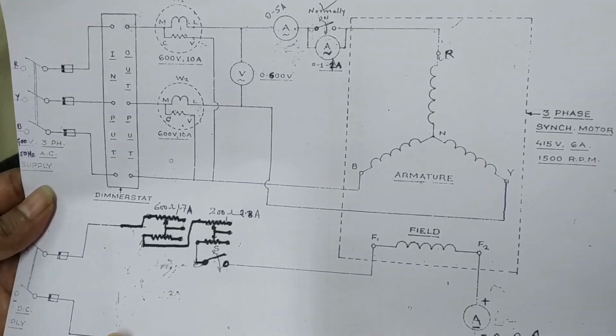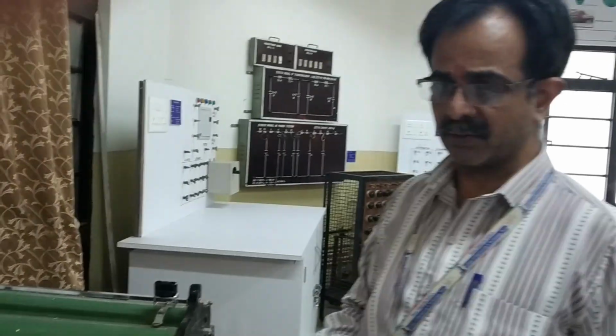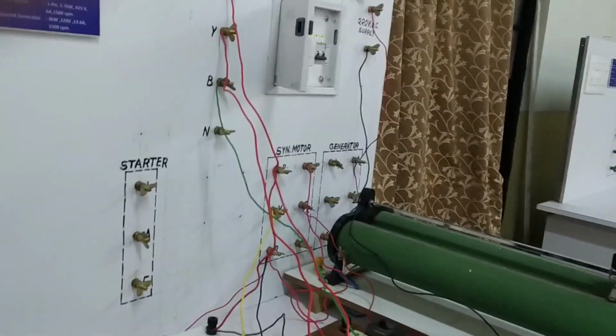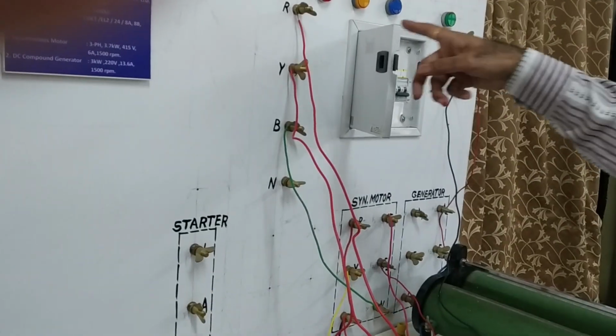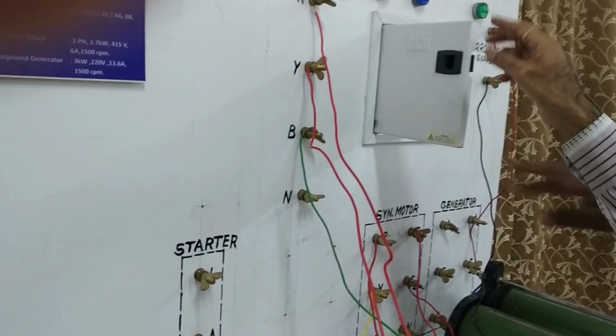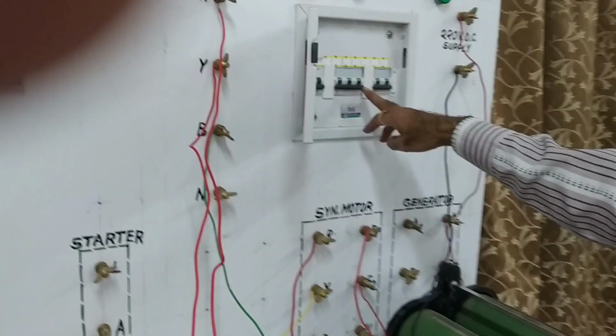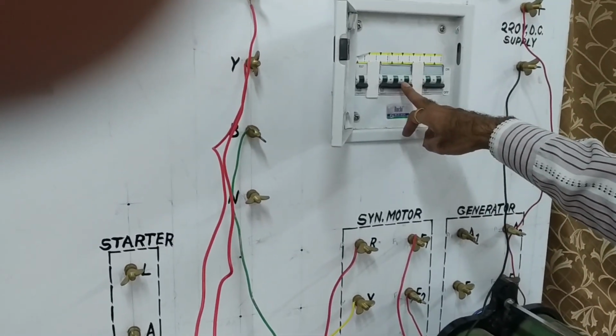Now let us see the connections for this experiment. As per the circuit diagram, we want to take three-phase supply. So we are taking three-phase supply from here, RYB. This three-phase supply can be switched on by using this 3-pole MCB which is provided here.